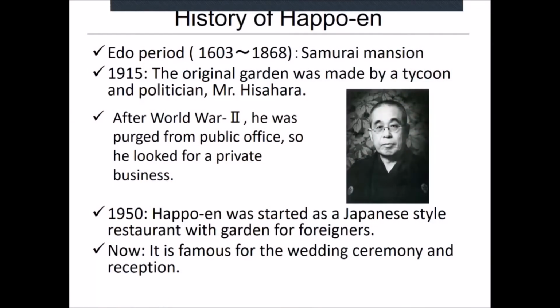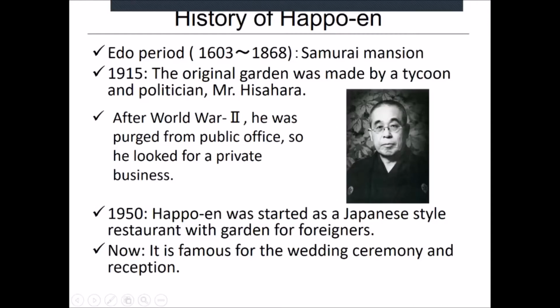Let me explain about the history of Happoen. During the Edo period, it was a samurai mansion. In 1915, the original garden was made by a tycoon and politician, Mr. Shizahara, shown in the picture.